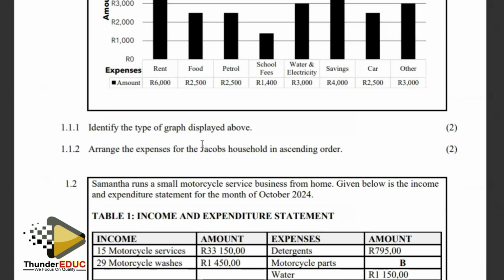Identify the type of graph displayed above. You should get used to naming or getting the right answers here.